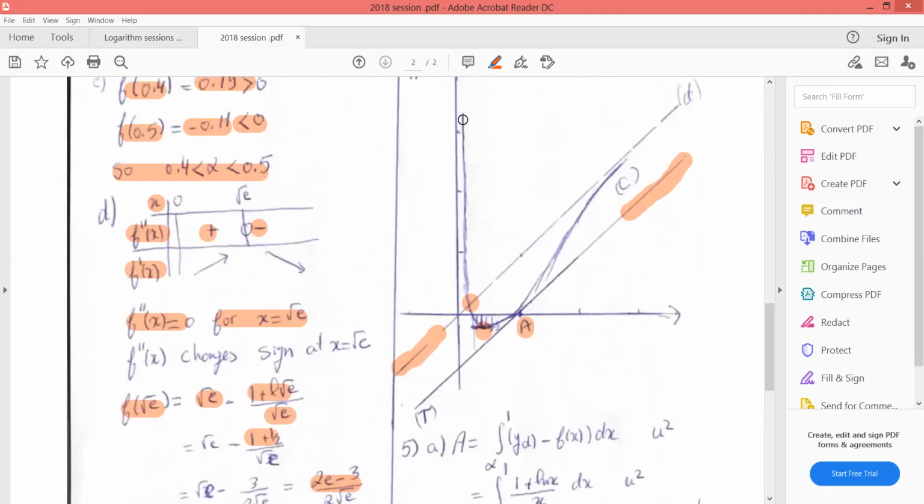So the curve is decreasing to the minimum. It makes a tangent at A, then it goes near the oblique asymptote. Decreasing, you follow the table of variation, then we get this one.